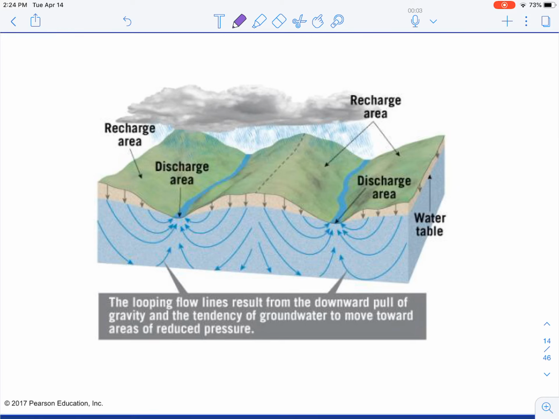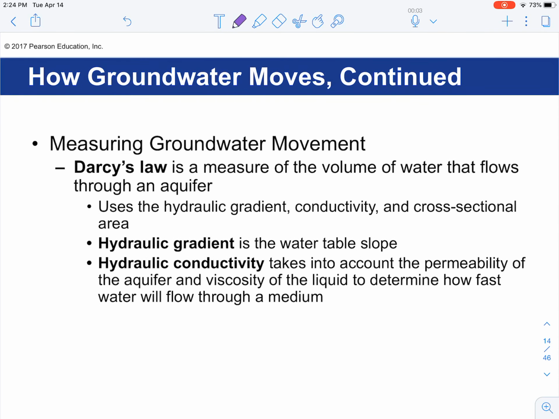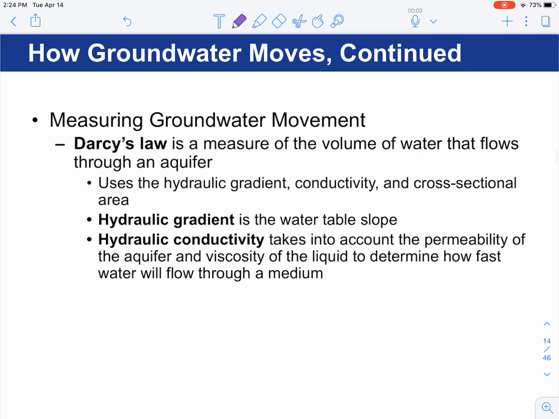And all of these things, recharge and discharge, affect the way that groundwater flows in response to gravity and pressure. And so groundwater actually moves, and it's going to mimic, like I said, the surface topography, in that what happens underground is kind of similar.